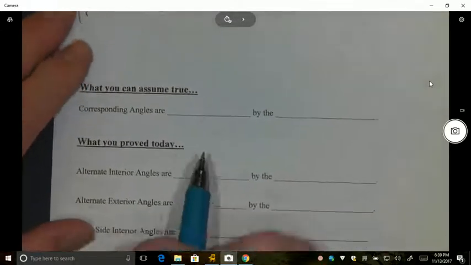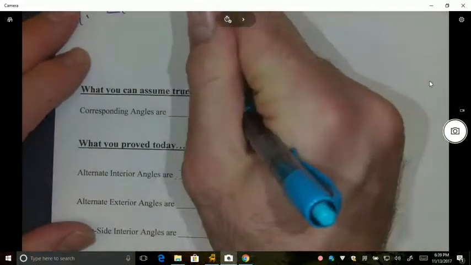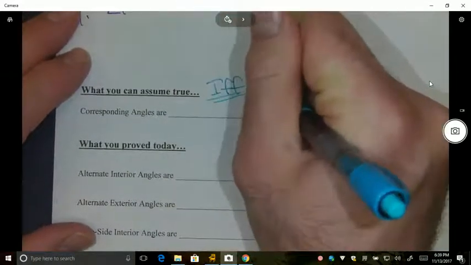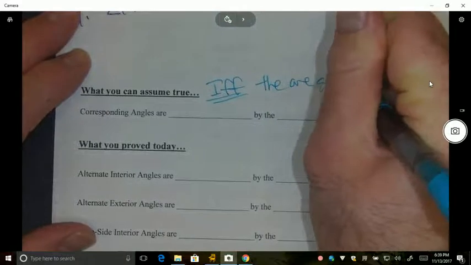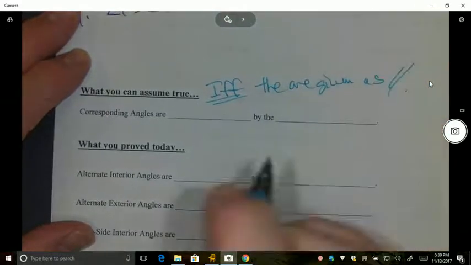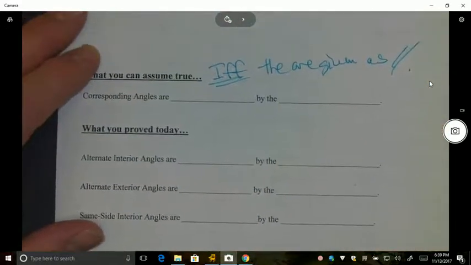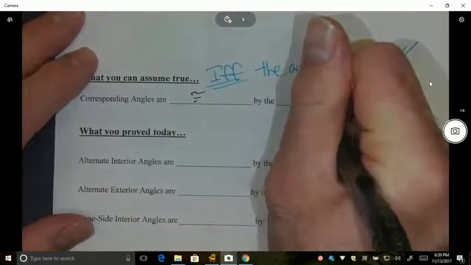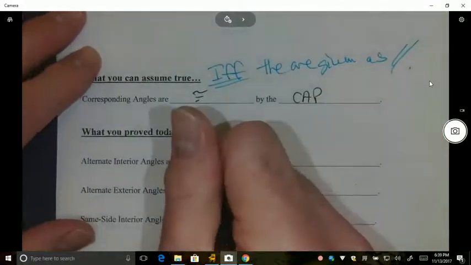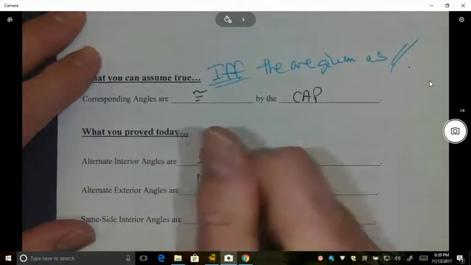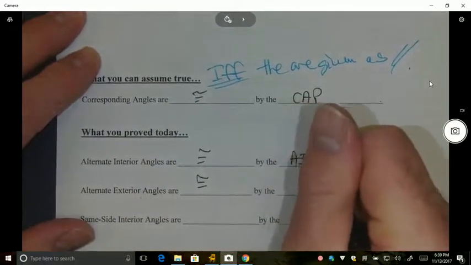What can you assume true if, and only if, the lines are given as parallel? If they're not given as parallel, this stuff's not true. Corresponding angles are congruent by the corresponding angles postulate. Alternate interior angles are congruent, and alternate exterior angles are congruent by their theorems.